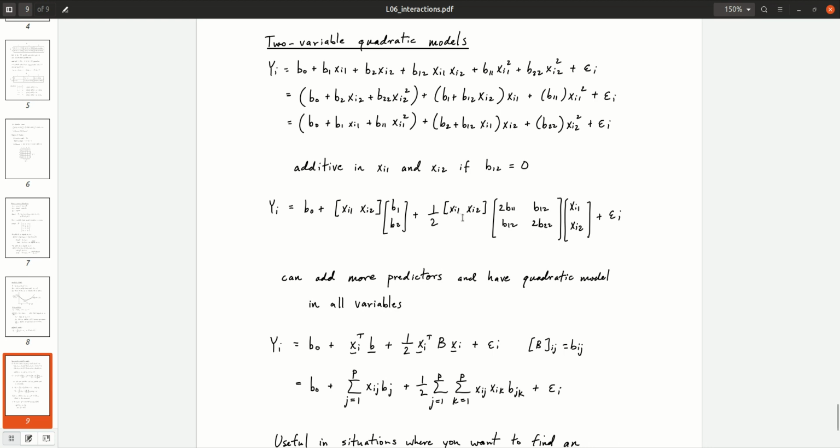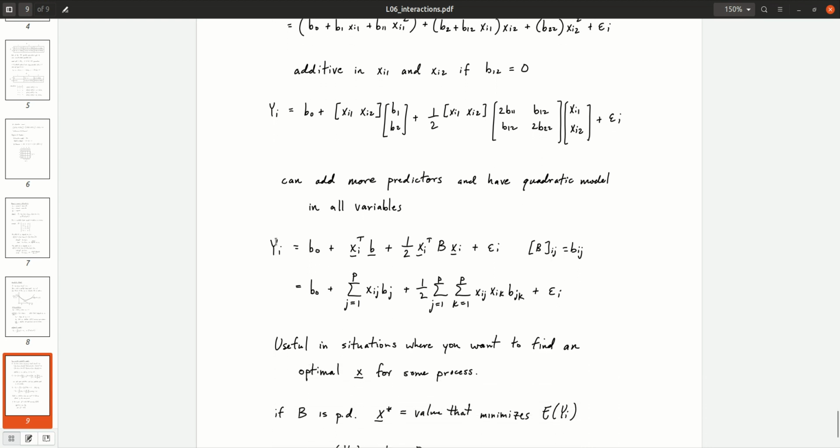So this is a quadratic form in xi1 and xi2 with this particular coefficient matrix. If you do this matrix multiplication and multiply it by 1/2, you'll see that you get these three terms out of here. In particular, this is a symmetric matrix. It has b12 on the lower part and the upper part.